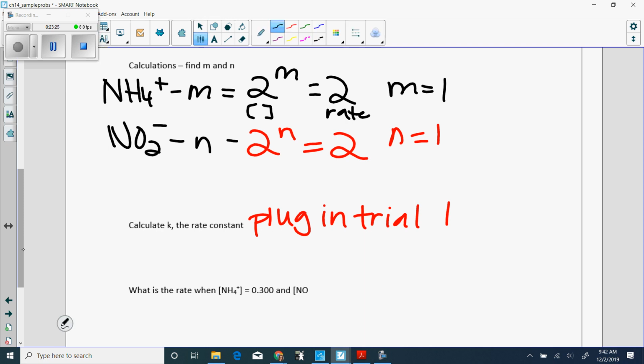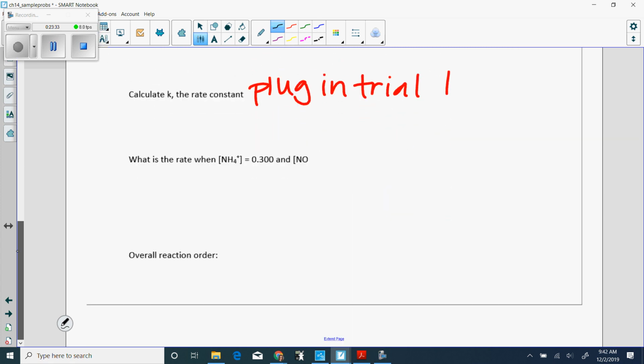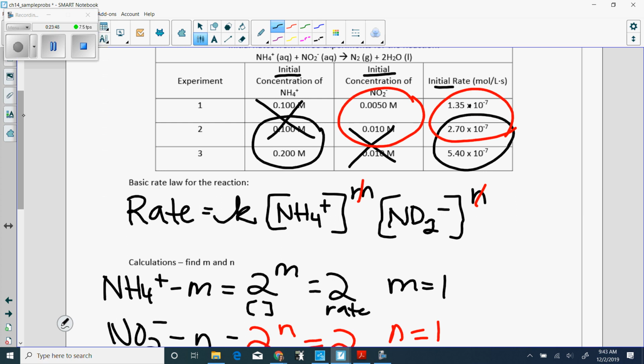So my equation says rate equals. So in trial 1, I'm just reading headings off the chart. My rate is 1.35 times 10 to the negative 7. Equals lowercase k I'm solving for, times the concentration of NH4, reading the headings, 0.1.